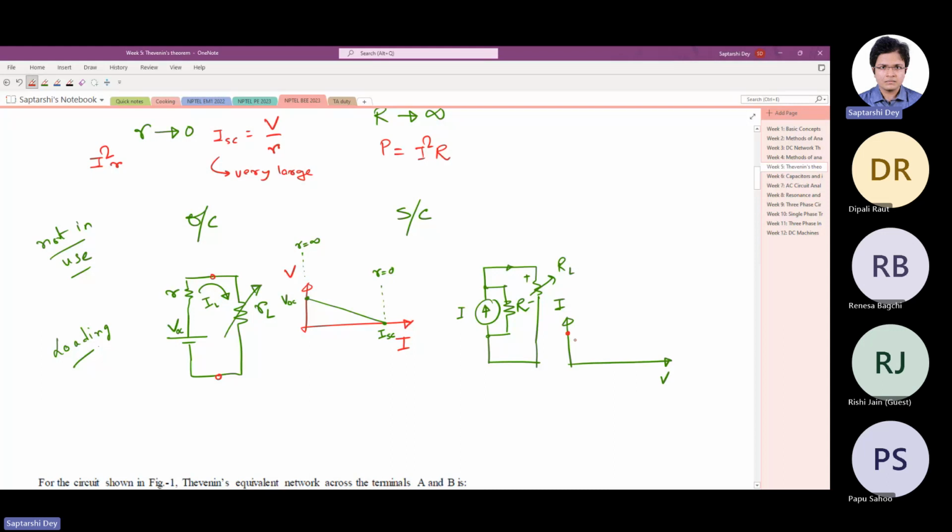When voltage is 0, meaning short circuit, RL is 0. That time you have the full short circuit current, which I call ISC. You keep loading, meaning keep increasing R, the current reduces. And finally here what you get is VOC.